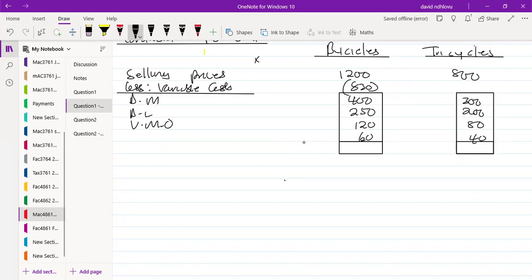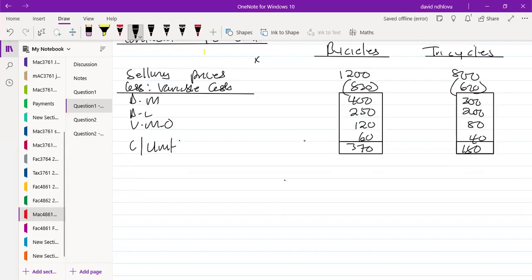From the 1,200, we are looking at 370. That's our contribution per unit. Then 300 plus 200 plus 80 plus 40, we are sitting on 620. From 800, we are sitting on 180. So those are the contributions per unit. That's your step number 1.